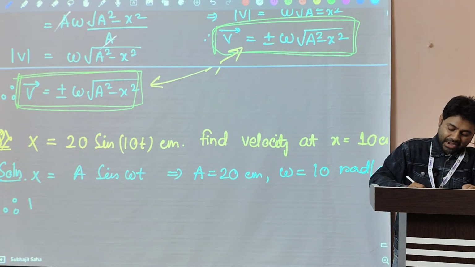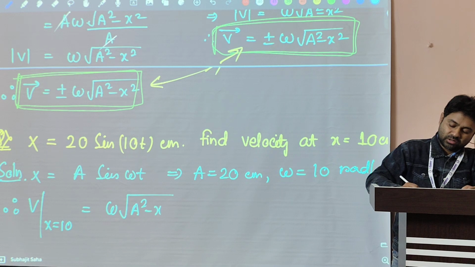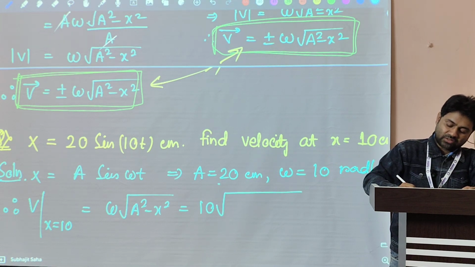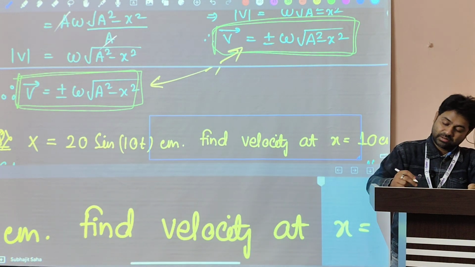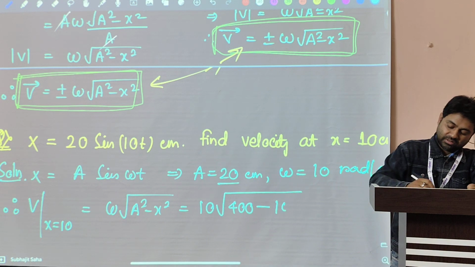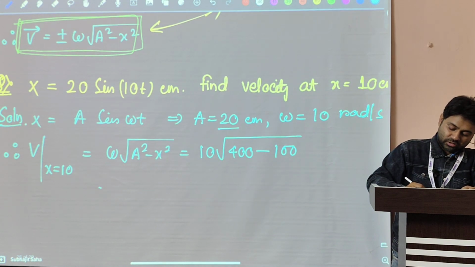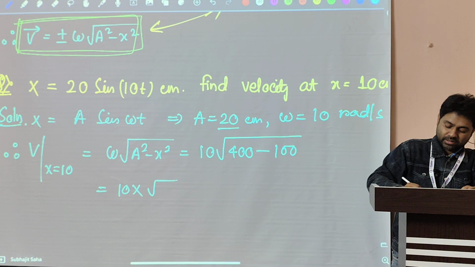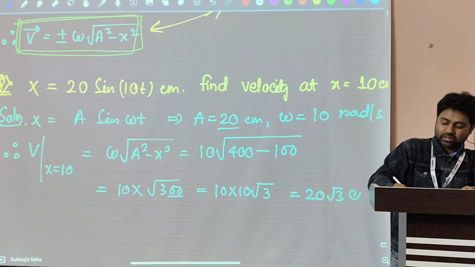So velocity at x equals 10 centimeter will be given by the formula omega root a square minus x square, where omega is 10, a square is 20 square, that is 400, x square is 10 square, that is 100. That's it. So 10 into root 300, that is 10 into 10 root 3, 100 root 3 centimeter per second.